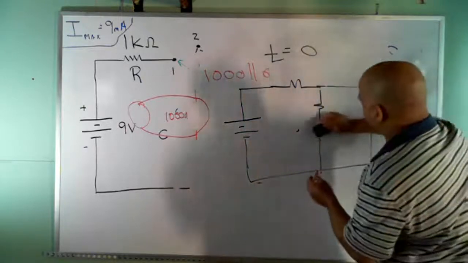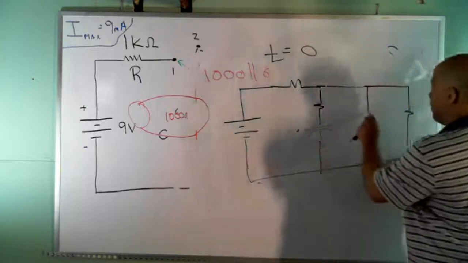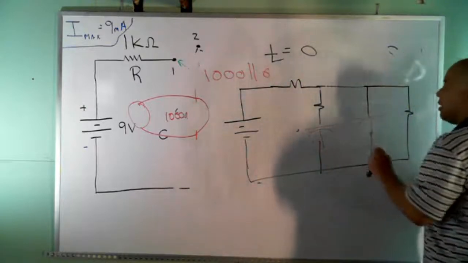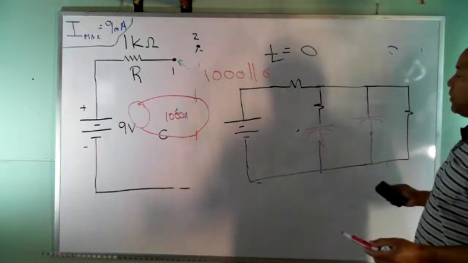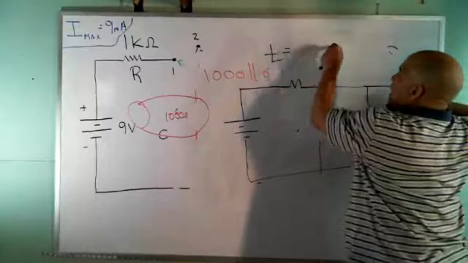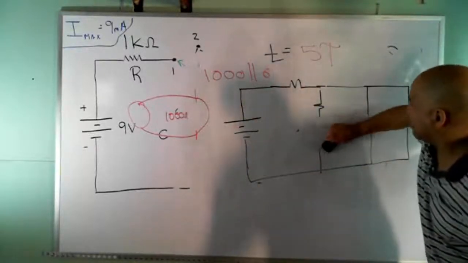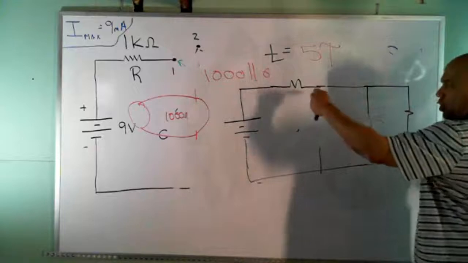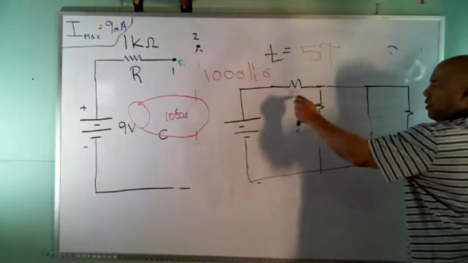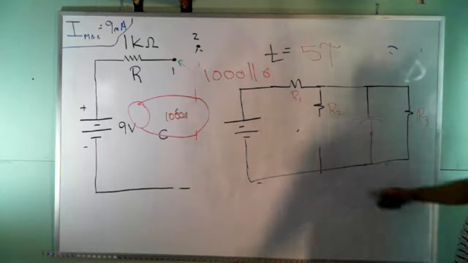Well, if I put the capacitors back in there, and I do the same thing, but now I'm going to open up the circuit. So at T, not 0, but T equals 5 tau or greater. Now this is open, so no current can go through, let's say that's R1, R2, R3.